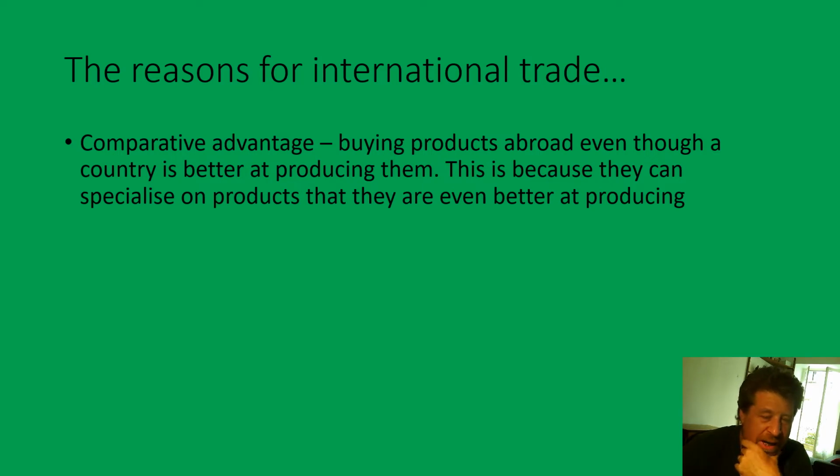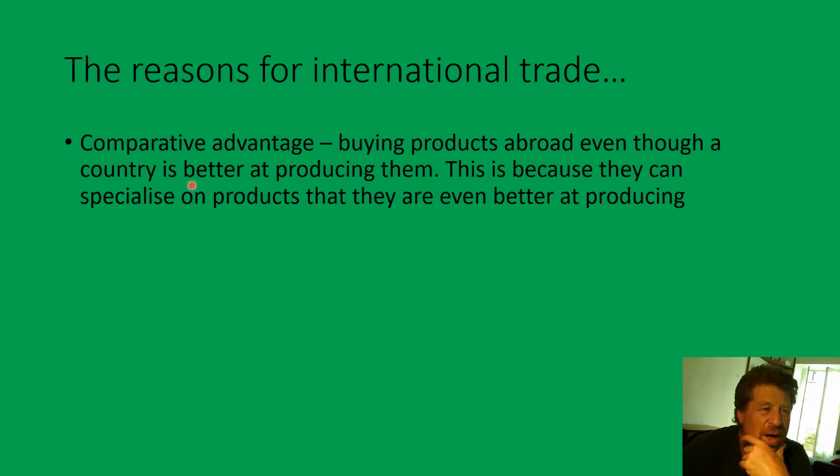Some countries are terrible at producing all the products. You know, America, they say America can produce cheaper and better products than any country, you know, with technology and robots, etc. But it's still worth it trading.